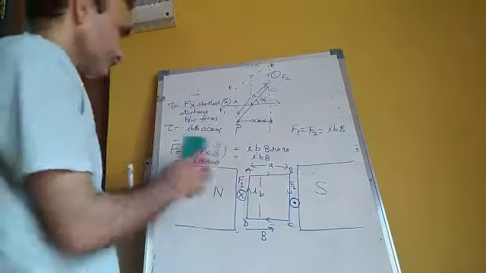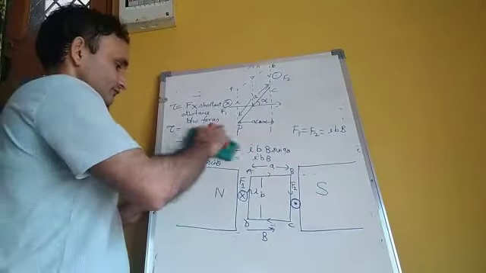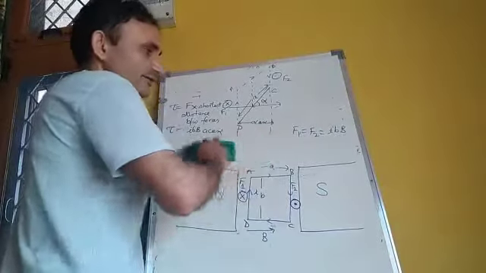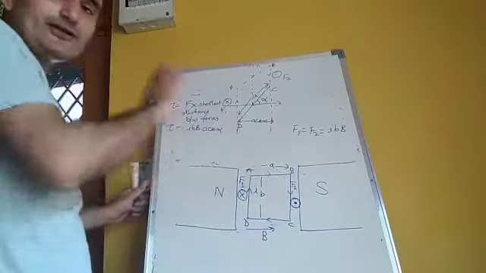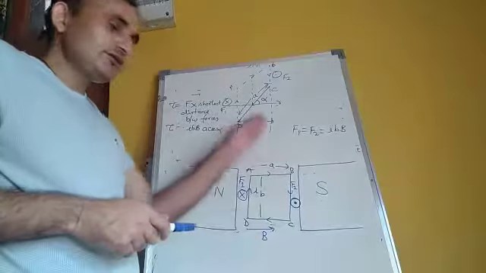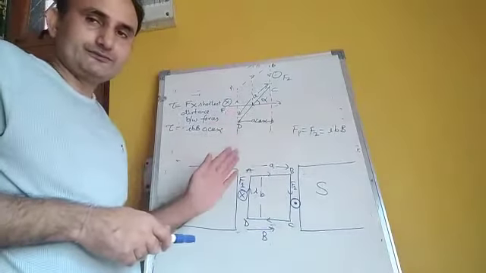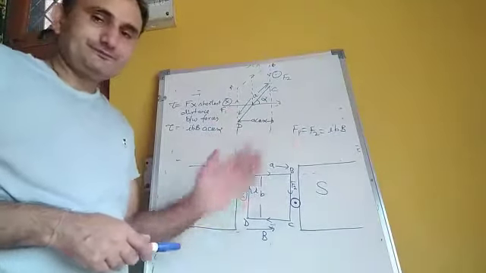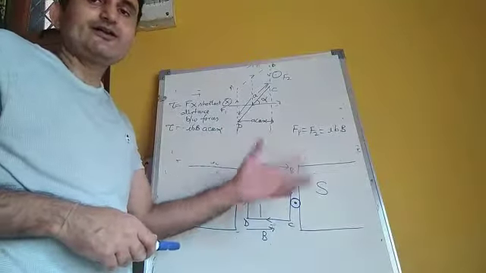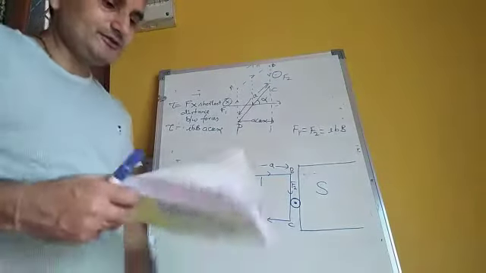Now one very important thing whenever you are talking about these loops, always these loops have a normal. Normal means, suppose this is a loop.